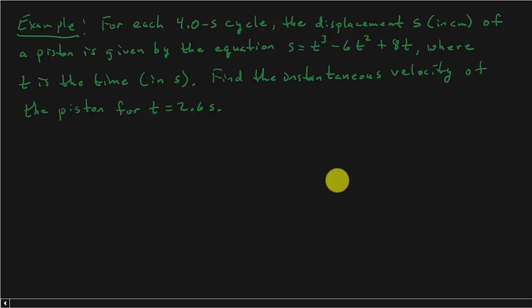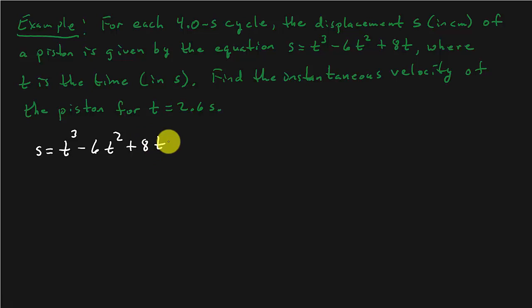So we have the displacement function. We've got s is equal to t cubed minus 6t squared plus 8t. Now, this is the displacement function. This tells us the position at a particular time. Well, what's the change in position?